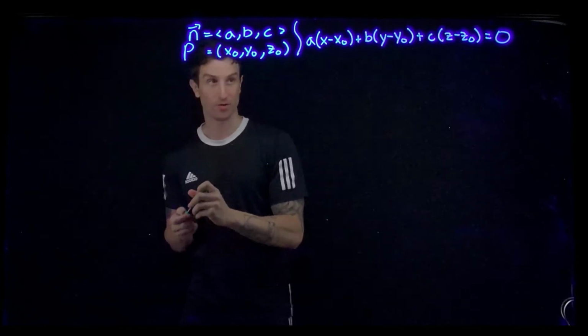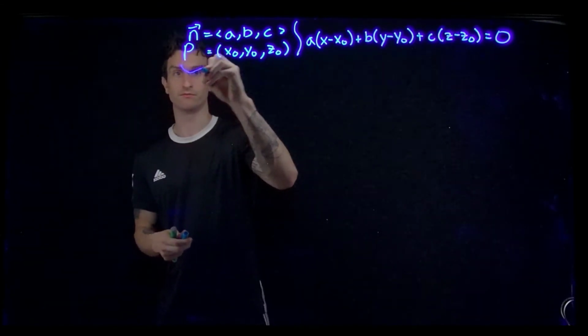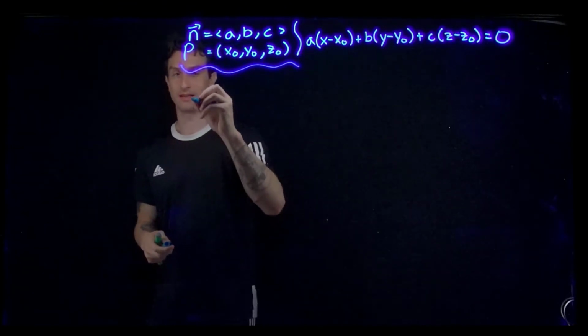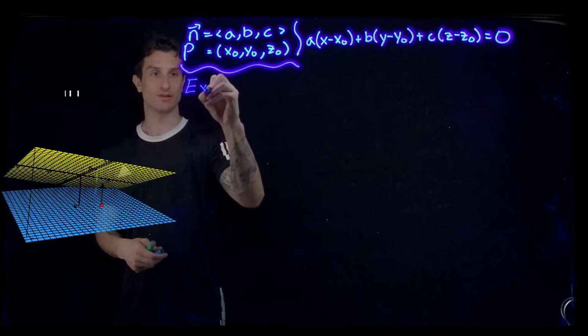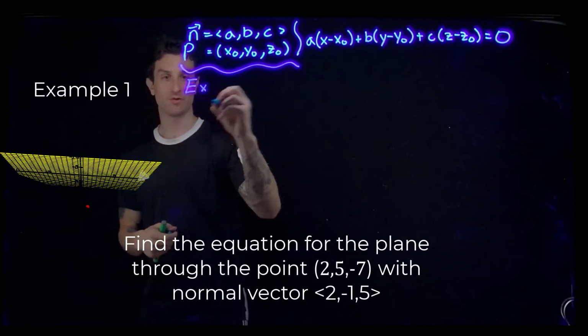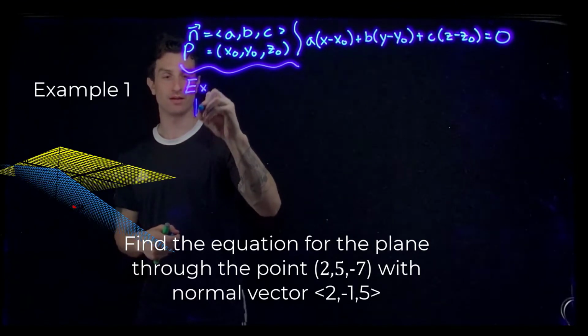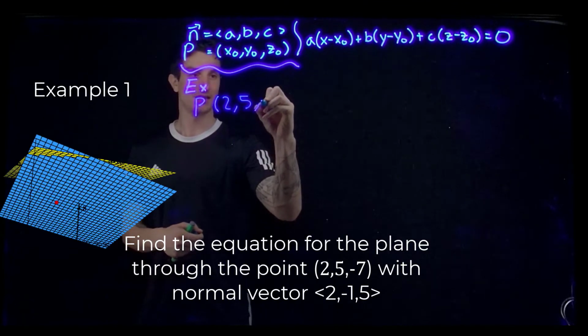Let's go for example 1. Let's do an easy one to start off with. I'm going to give you a point and a normal vector. We'll say the point here is going to be 2, 5, -7.